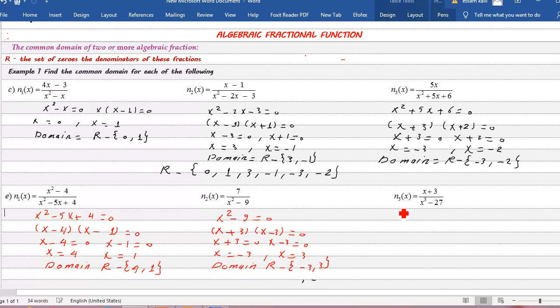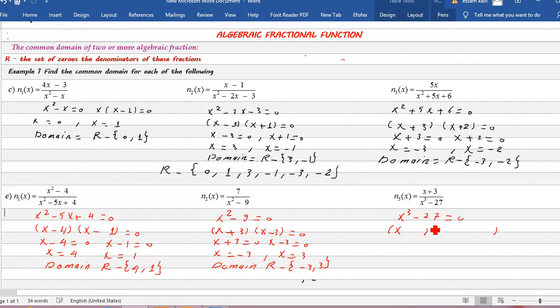N3, find the sets of zeros of the denominator. Put x power 3 minus 27 equal 0. This is the expression, the difference between cubes, open two brackets, smaller and greatest. What is the cubic root of x power 3? It becomes x.